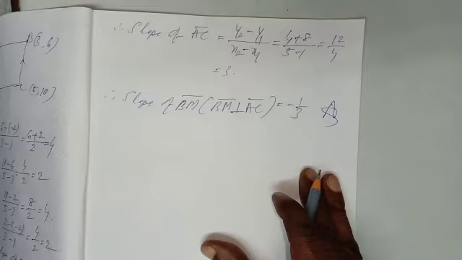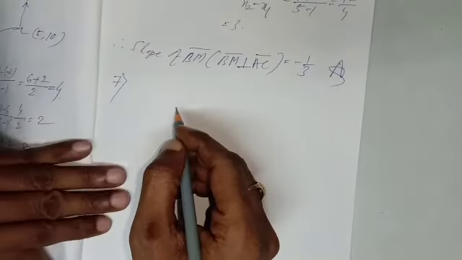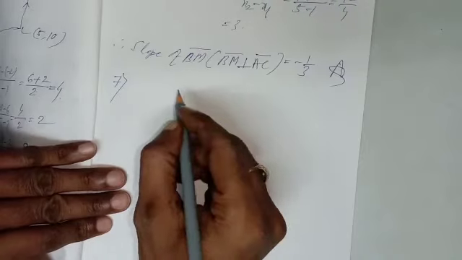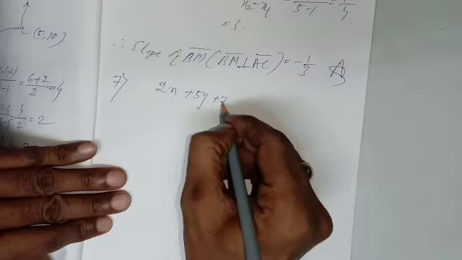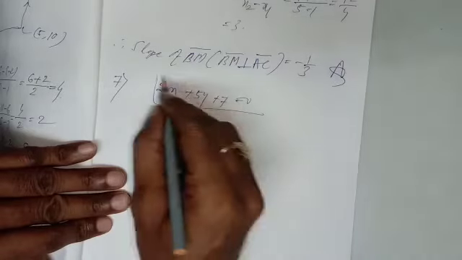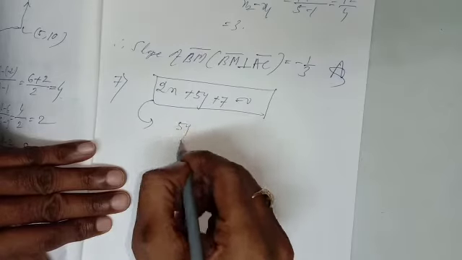Let us go to the next number. Question number 7, it is given, find the equation of straight line perpendicular to the line. That line equation is given: 2x plus 5y plus 7 is equal to 0. This is the equation of the straight line given. From here, first find the slope of this line.